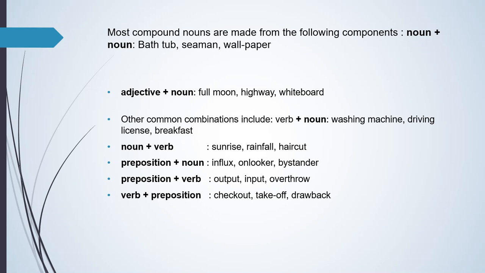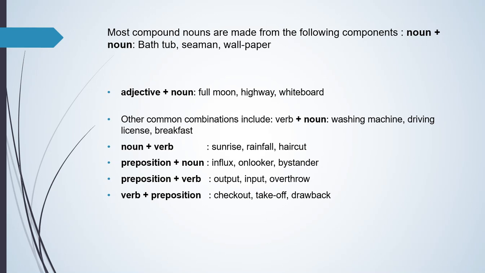Then adjective plus noun, like full moon: full is an adjective, moon is a noun, and it becomes another noun with a single meaning. Highway: high is an adjective and way is a noun. Whiteboard: white is an adjective and board is a noun, so together they become another noun, a board we use a marker to write on.